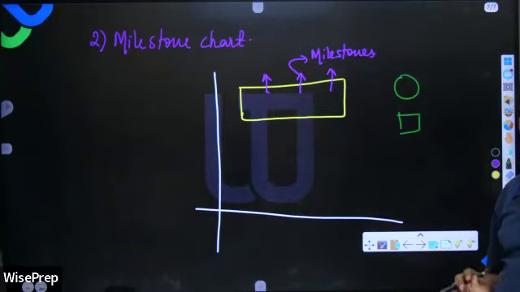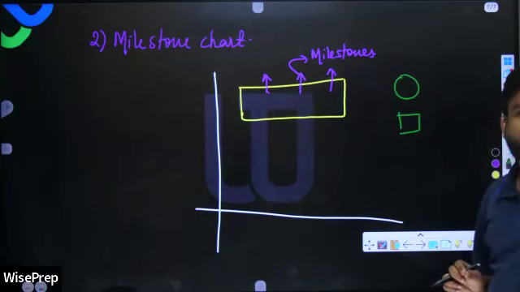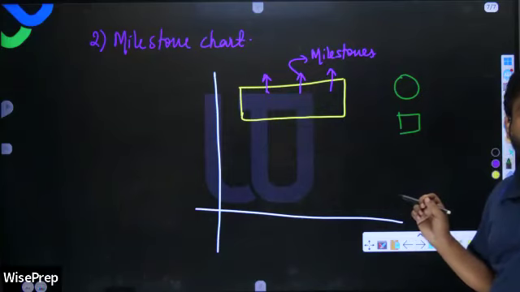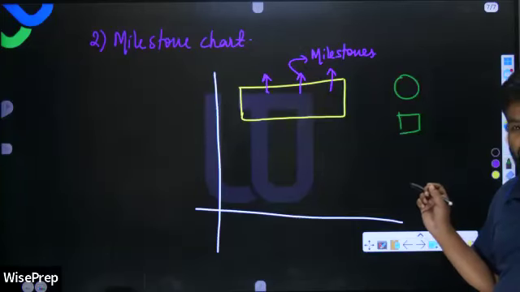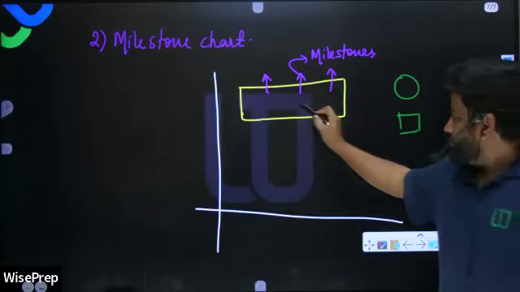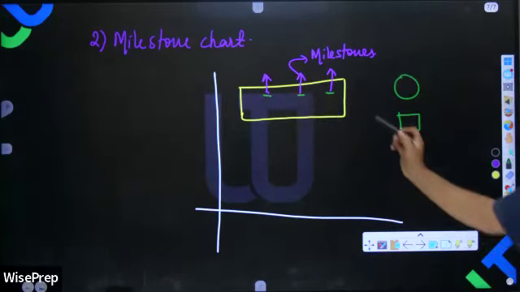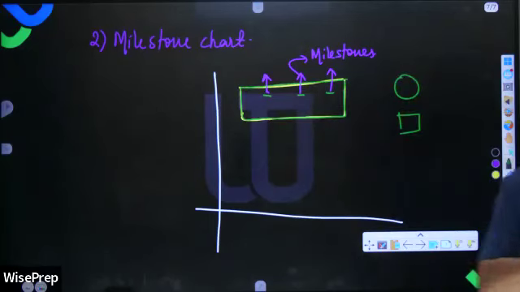However, this milestone chart has certain limitations also, because it does not show clearly the interdependencies between the events. This is events, and overall, this is activity. So write down.